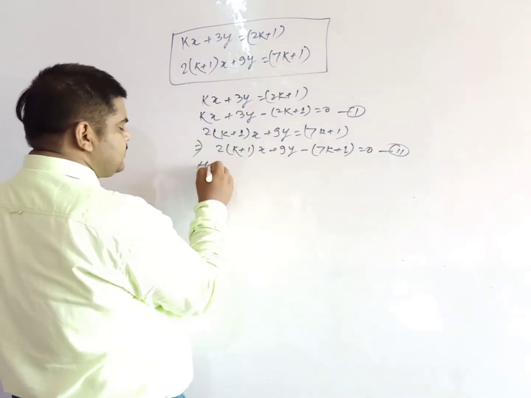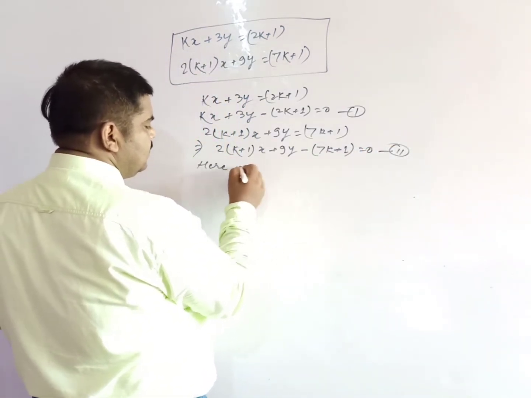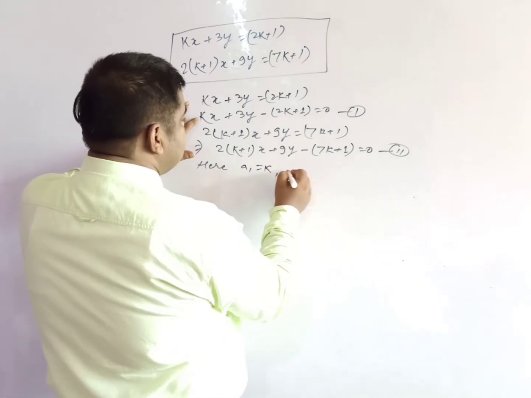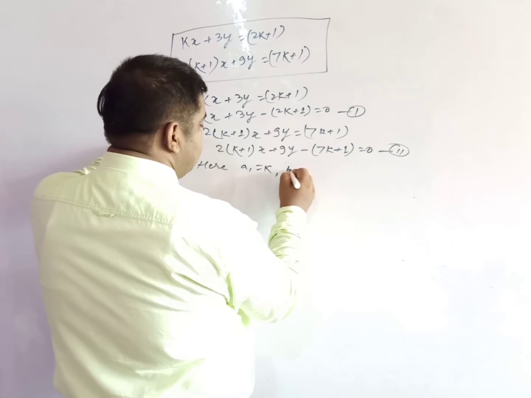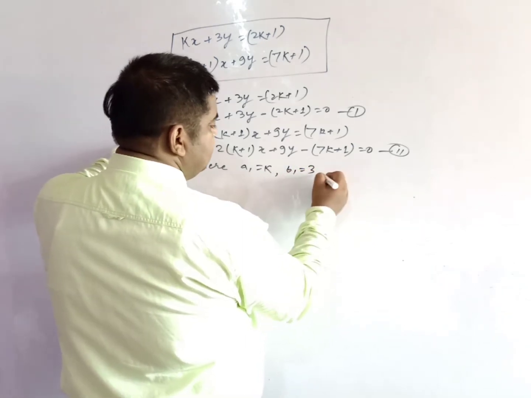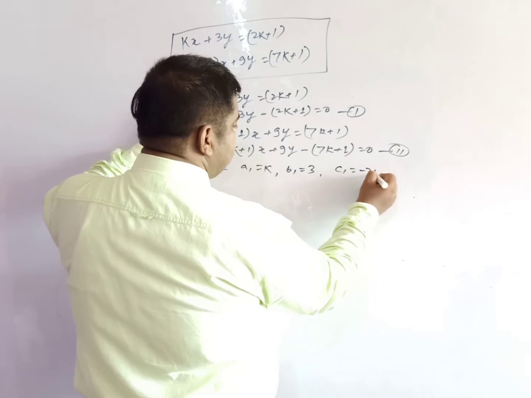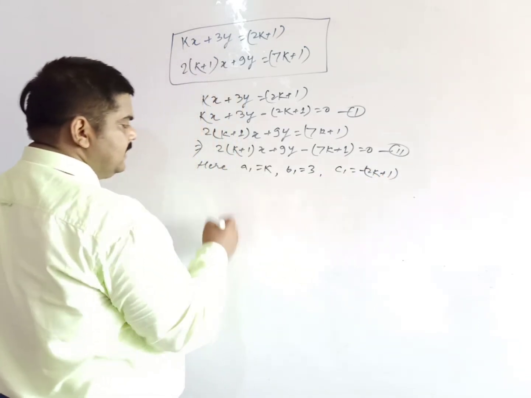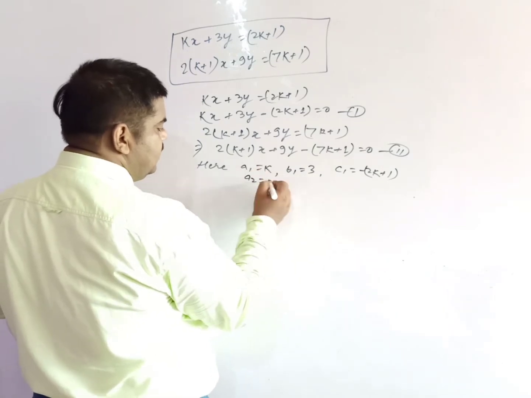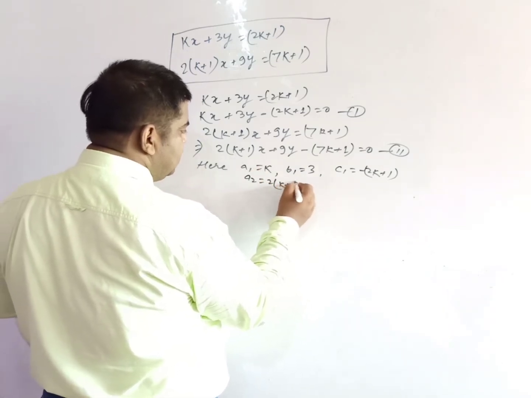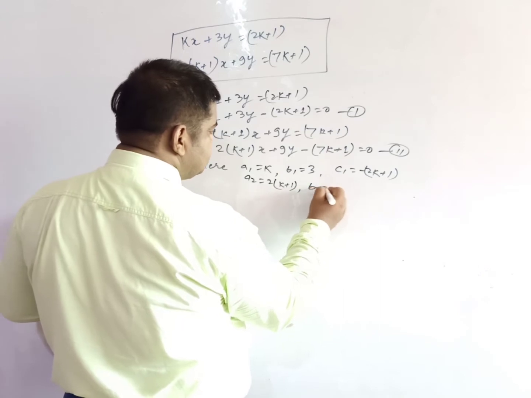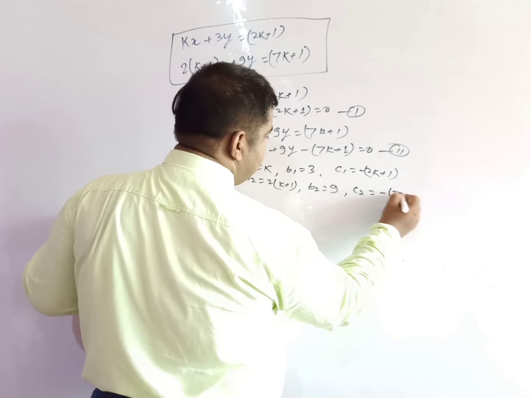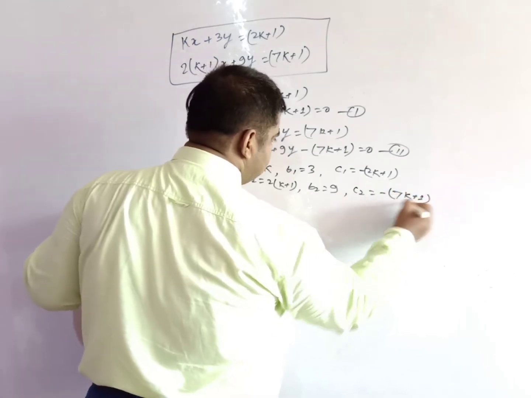Here you can see that a1 is equal to k, the coefficient of x in the first equation, b1 is equal to 3, and c1 is equal to minus (2k plus 1), because you can't ignore the minus. a2 is equal to 2k plus 1, b2 is equal to 9, and c2 is equal to minus (7k plus 1).